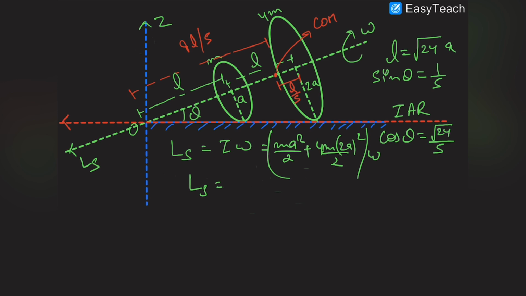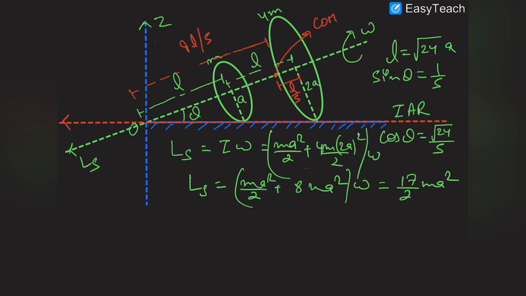So LS would be equal to ma square by 2 plus 8 ma square, into omega. So this is 17 by 2 ma square omega.